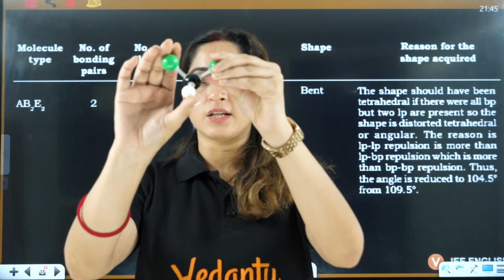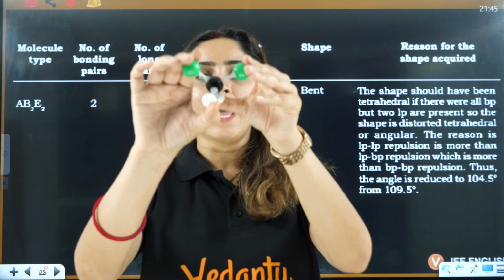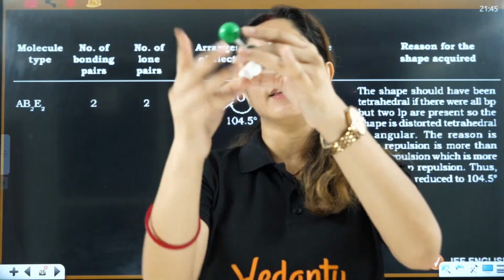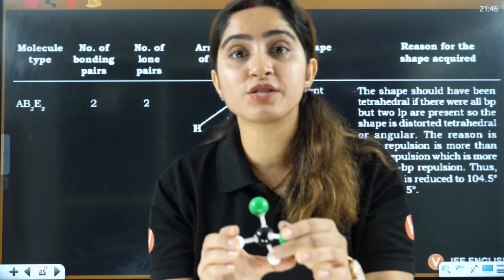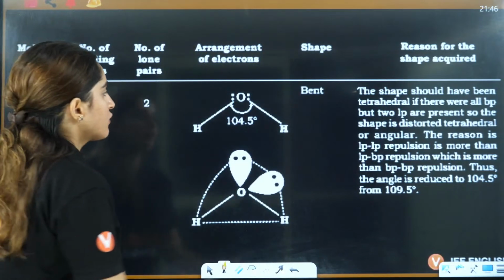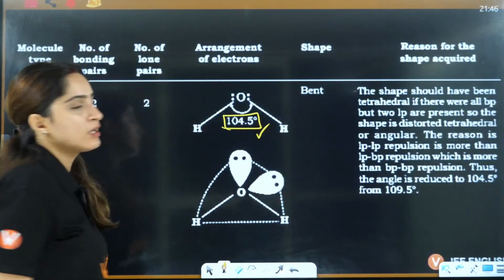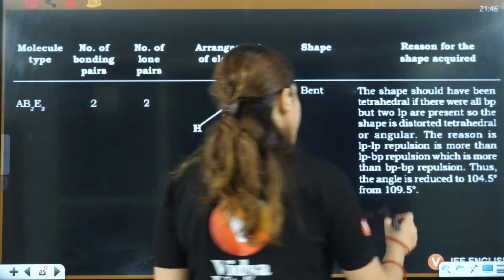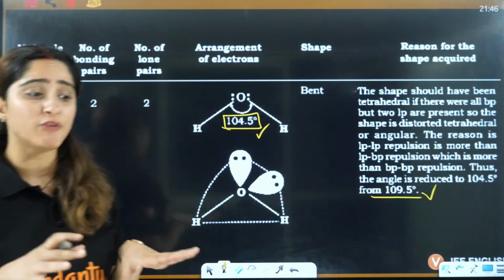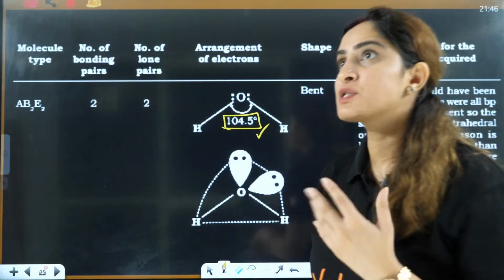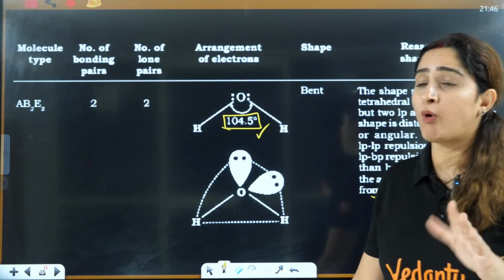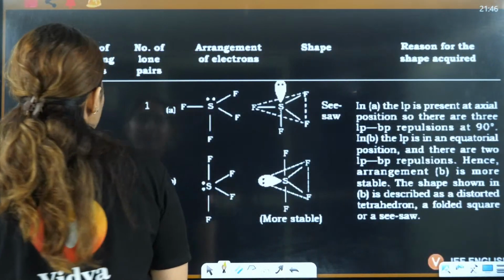These two will repel each other, and they will further cause lone pair bond pair repulsion to a greater extent, and this angle, which was supposed to be 109, is going to decrease to 104.5 degrees, as you can see here. So that is how lone pair bond pair repulsions work, this is actually VSEPR theory. Okay, so that is how VSEPR theory is applied when you have lone pair and bond pair repulsions. Right everybody?